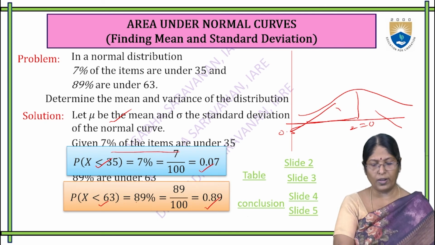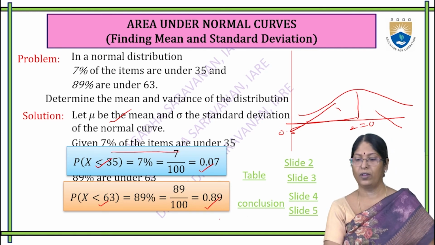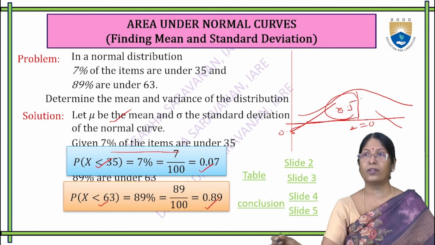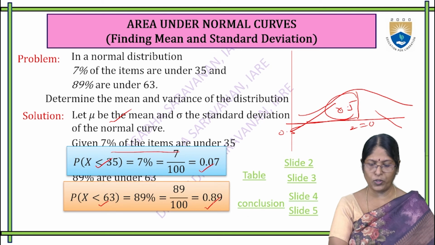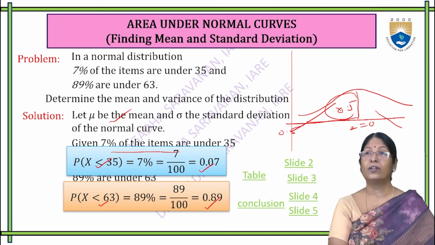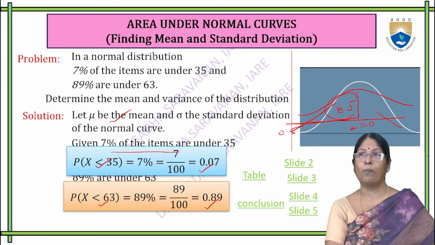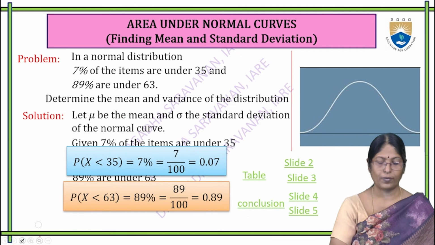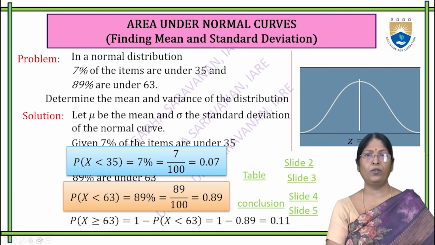This is also less than, with 0.89 area. The maximum is only 0.5 here. How is 0.89 possible? Here we have to think. By force, here it is, the bell-shaped curve.